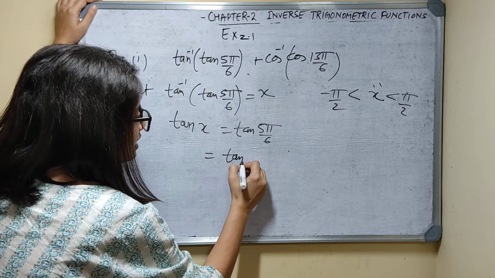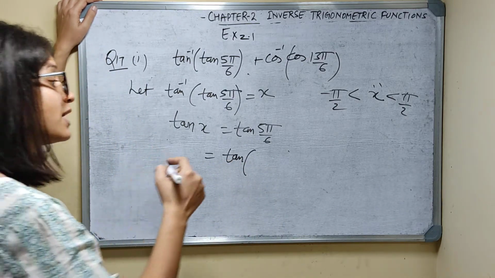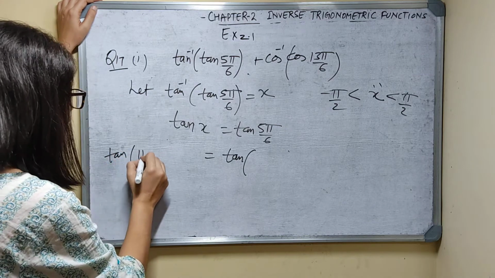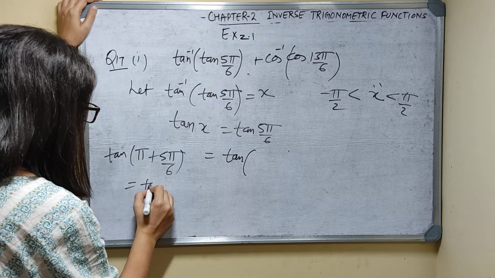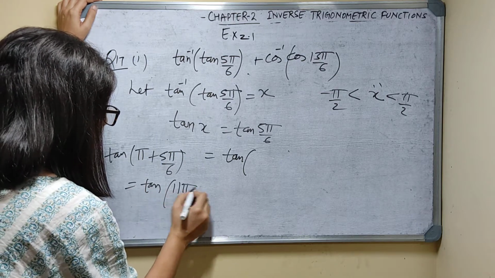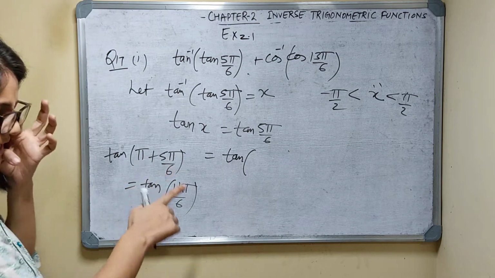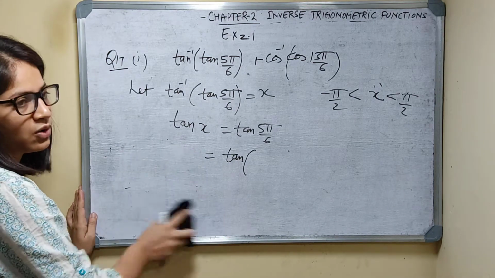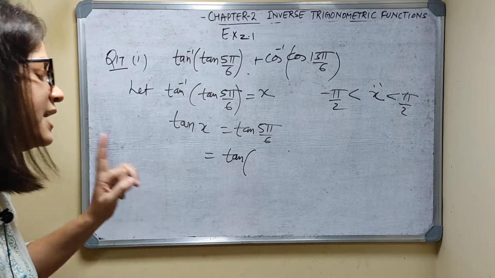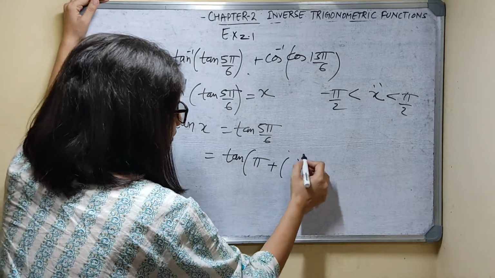So tan of 180 plus theta is tan theta. If I write tan of pi plus 5 pi by 6, it will be tan of 11 pi by 6, a very large value, so I can't write a positive angle here. I will write tan of pi plus a negative theta.